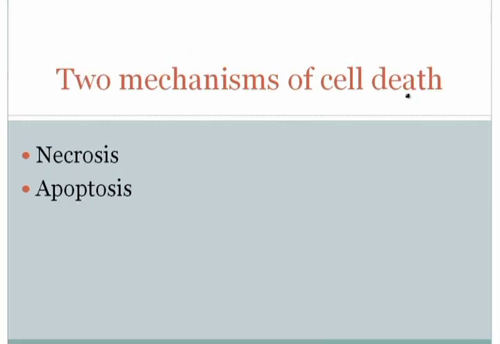Now, there are two mechanisms of cell death, and we have to be familiar with both. The first is necrosis and the second is apoptosis. The way I think about these is necrosis is sort of murder. Some pathologic process from the outside occurs, which then causes a grand scale destruction of the tissue.